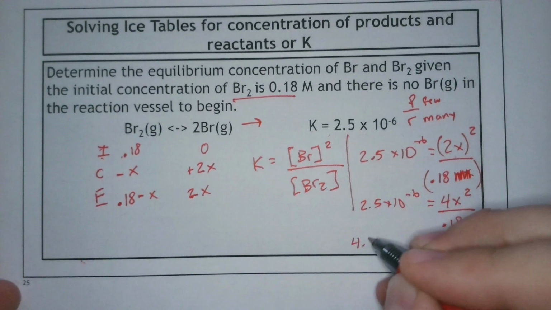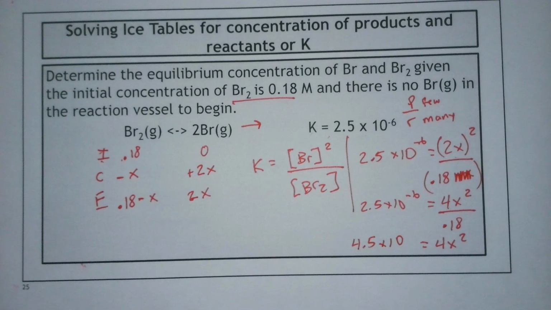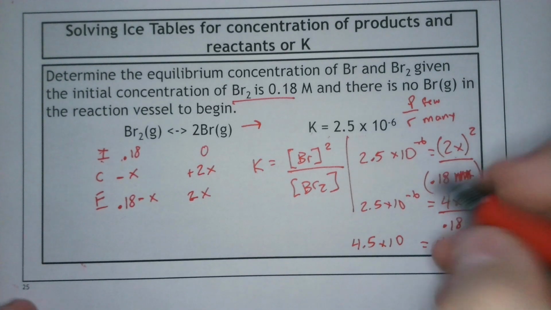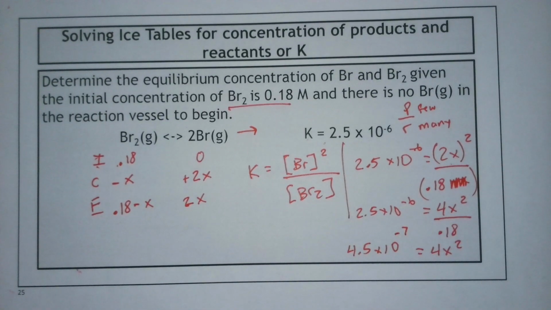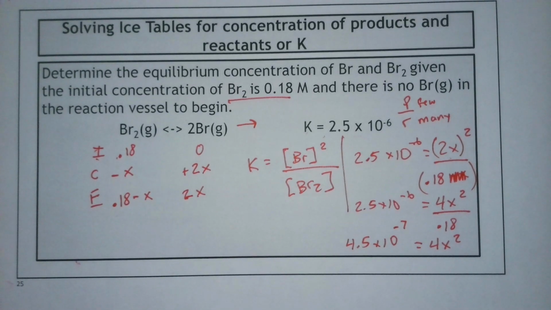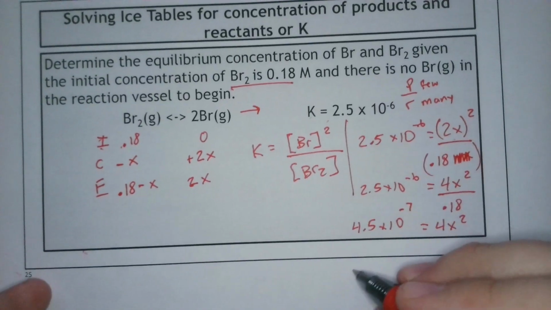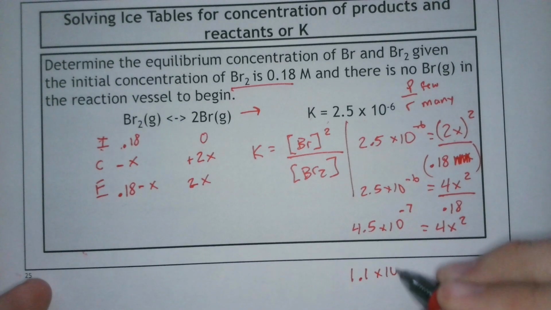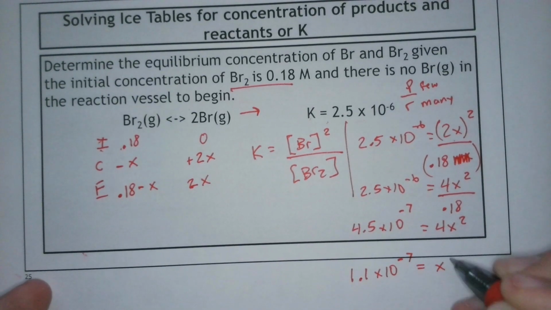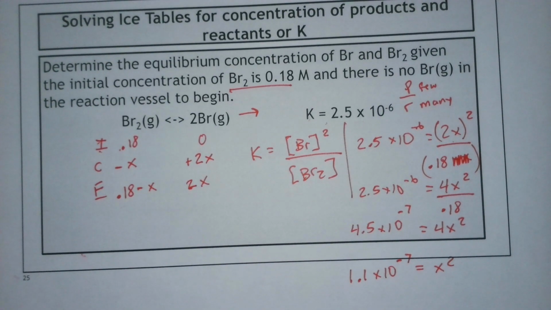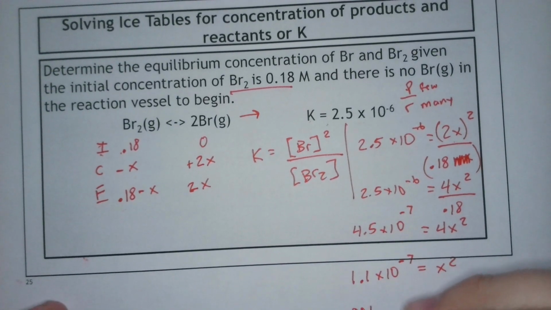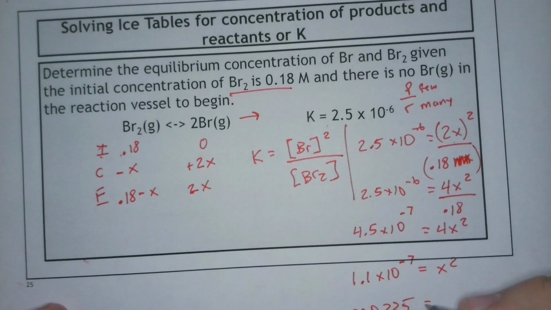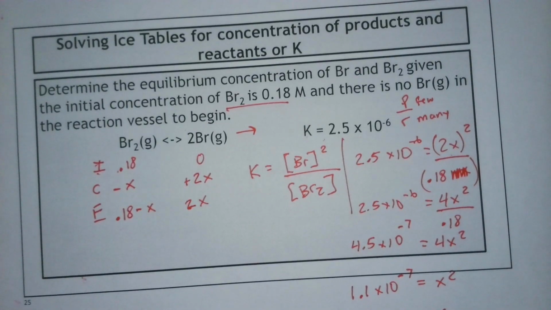You get 4.5 times 10 to the negative 7th power. Divide each side by 4. I end up with 1.1 times 10 to the minus 7th power equals x squared. Take the square root. 0.000335 equals x.